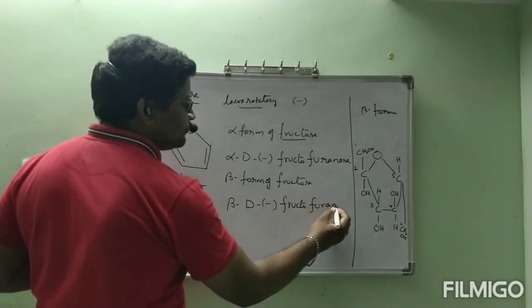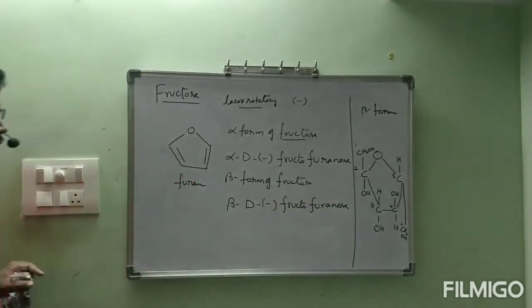Fructofuranose. So what are the names of the alpha form and beta form? The alpha form of fructose is named as alpha capital D minus fructofuranose.